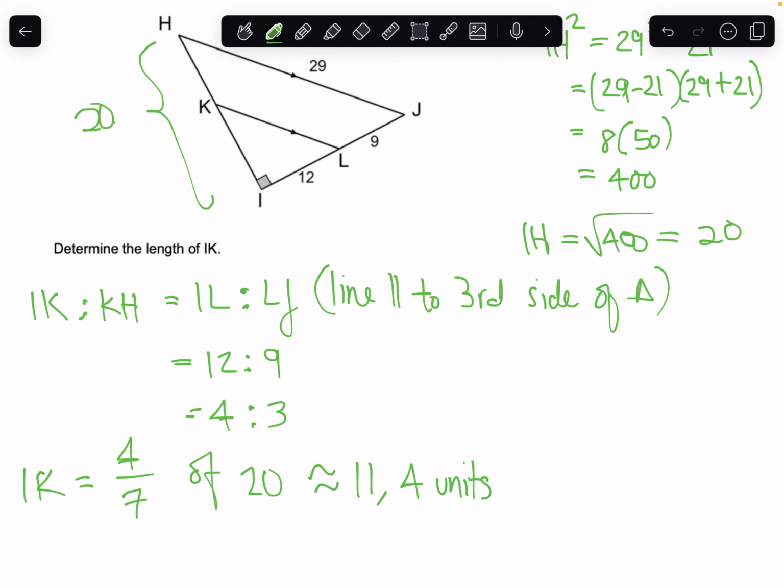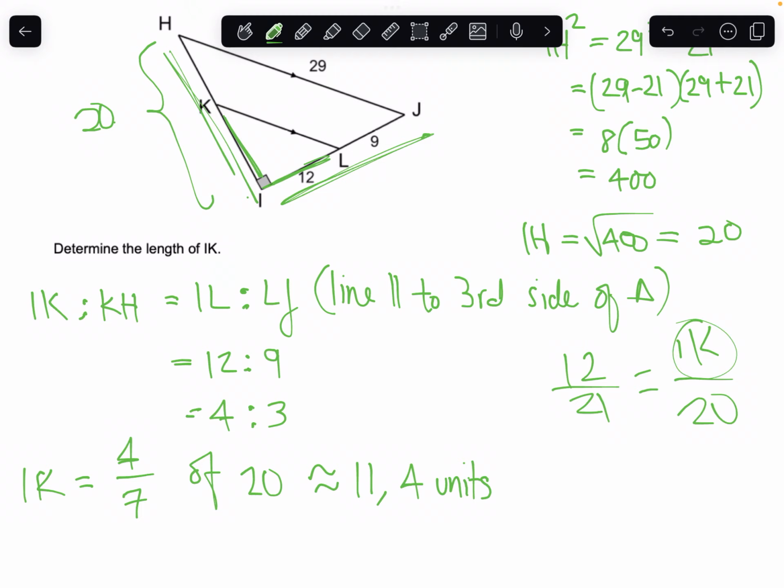They look at the ratio in terms of IL over IJ is going to have the same ratio as IK over IH. So then you'd have 12 out of 21 is the same as whatever IK is over 20. Then you solve for IK, and we get the same answer.